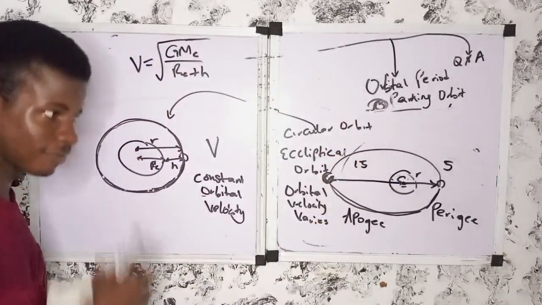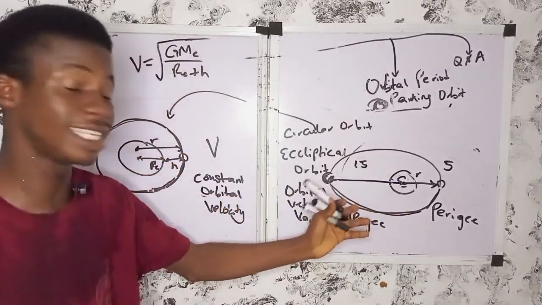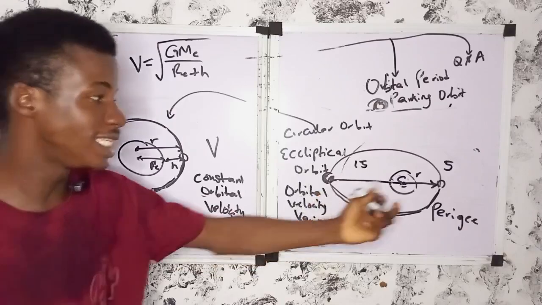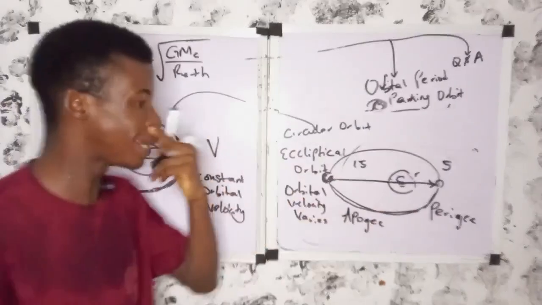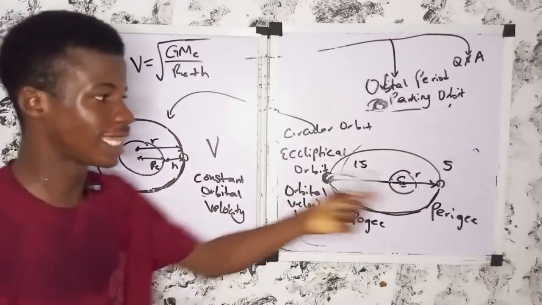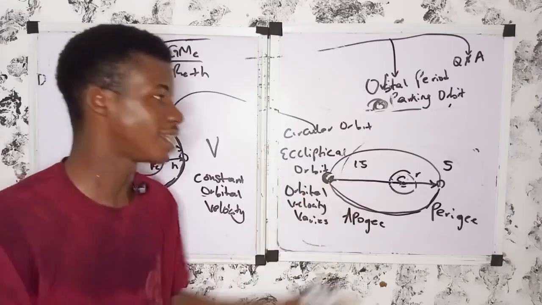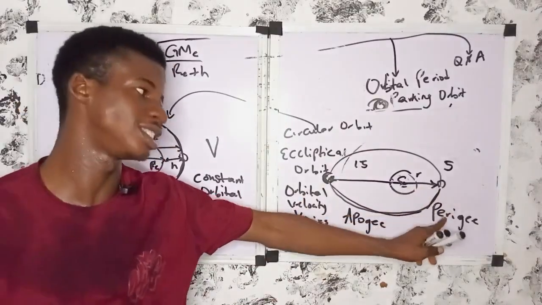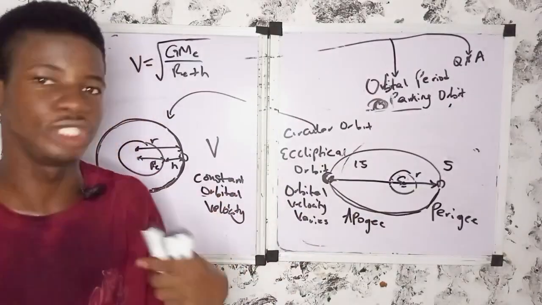The distance from here to here in the apogee, the distance between the Earth and the satellite, is very large. While in perigee, the distance between the Earth and the satellite is kind of close. It's not that large. The satellite is closer to the Earth at the perigee and farther away from the Earth at the apogee.